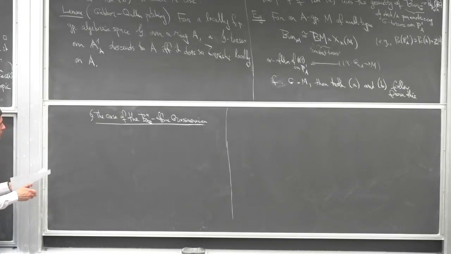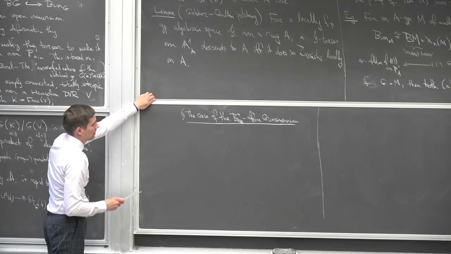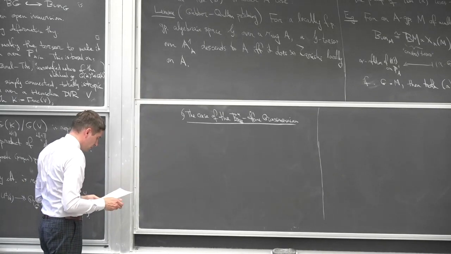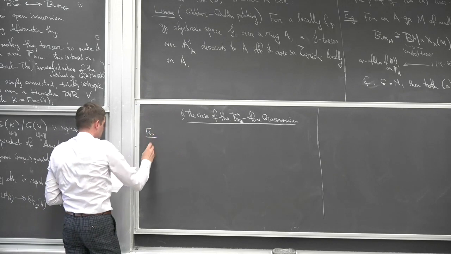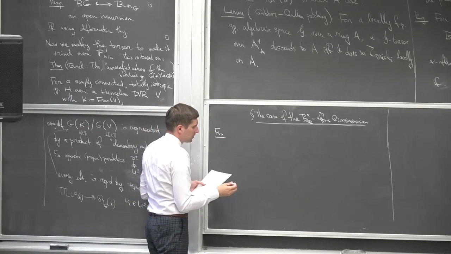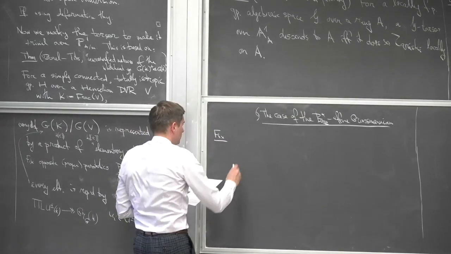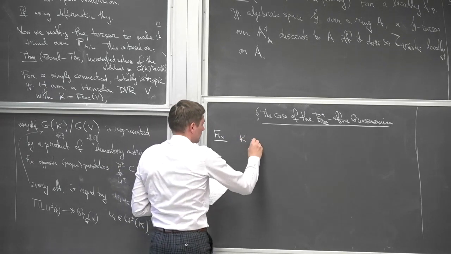Okay, so let me describe analogous results in Scholze's setting of the B-dR plus Grassmannian, perfected. So here the setting is a little bit different. Let me just review the definitions.